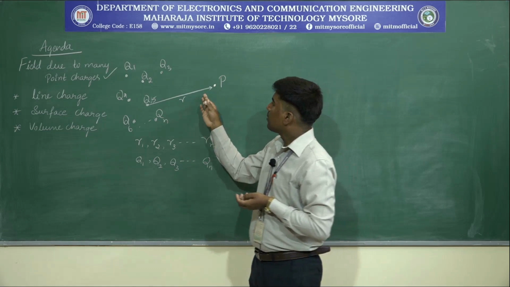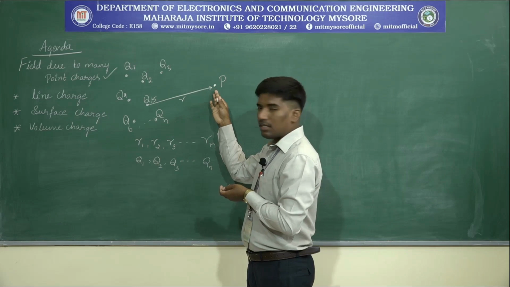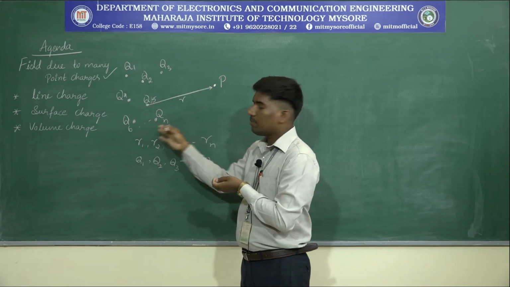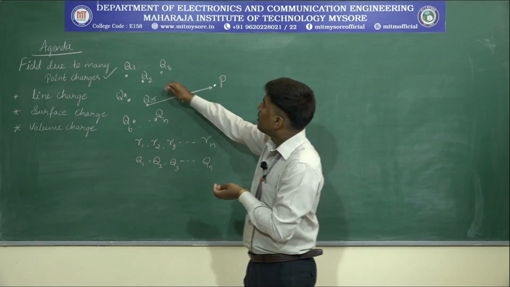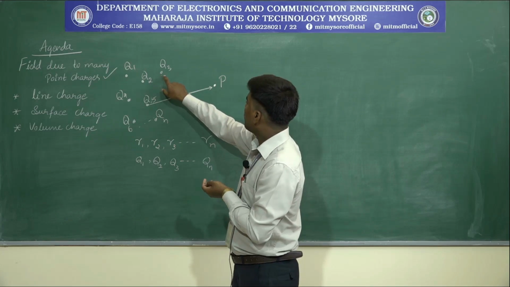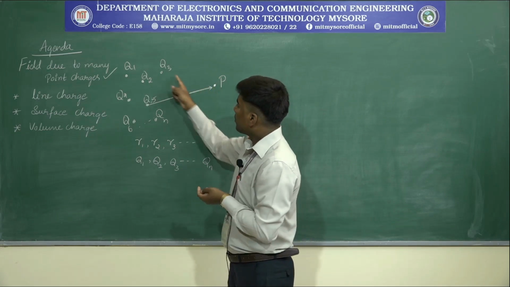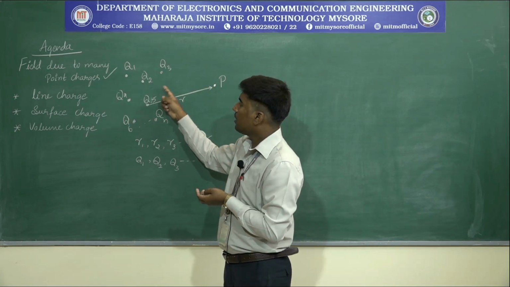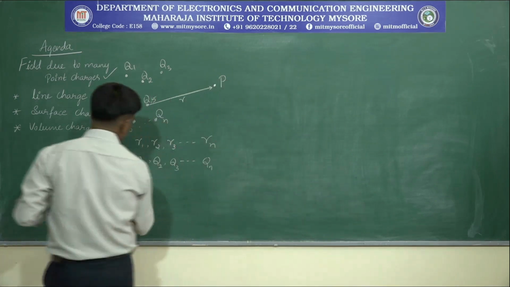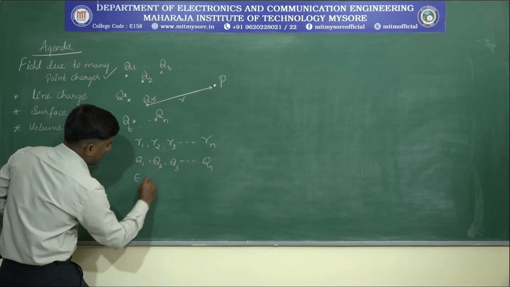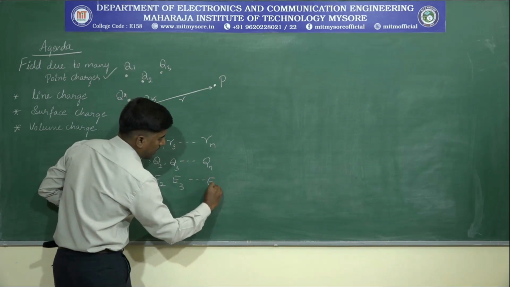I will repeat. Whenever multiple sources are available, the resultant outcome from all the sources is equivalent to the sum of the individual responses. In this case, the electric field effect at point P is equivalent to the sum of all the electric field intensities influenced at point P, that is E1, E2, E3 up to En.